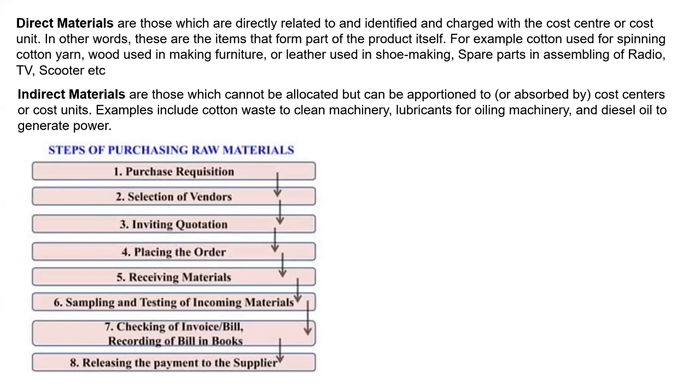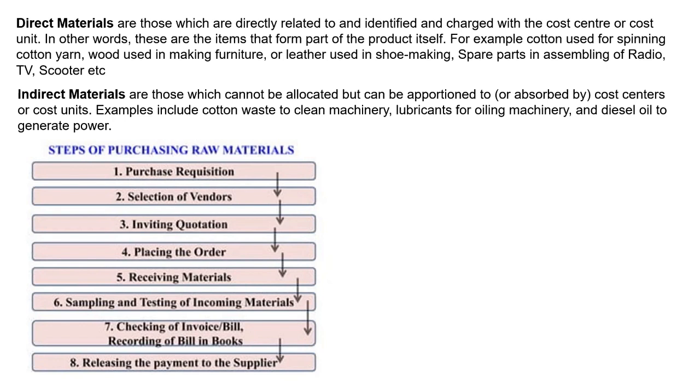Now, the steps for purchasing the raw material. What are the steps? Purchase requisition. Purchase requisition is where you get the information: how much material is required? What is the requirement of materials? You can get this information from the production department.